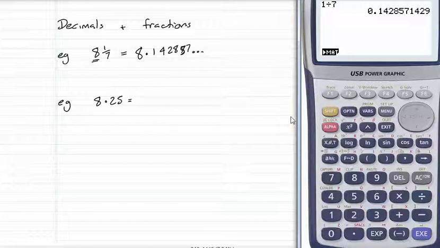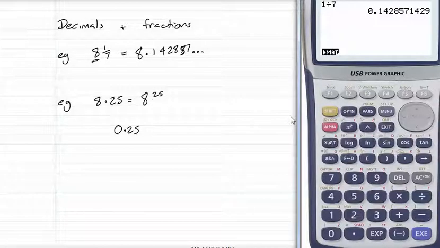8.25, if I wanted to write it as a fraction, well, 8 is a whole number, and 0.25, to change that 0.25 into a fraction, put it over 100 because there's 2 decimal places, and see if we can simplify that.